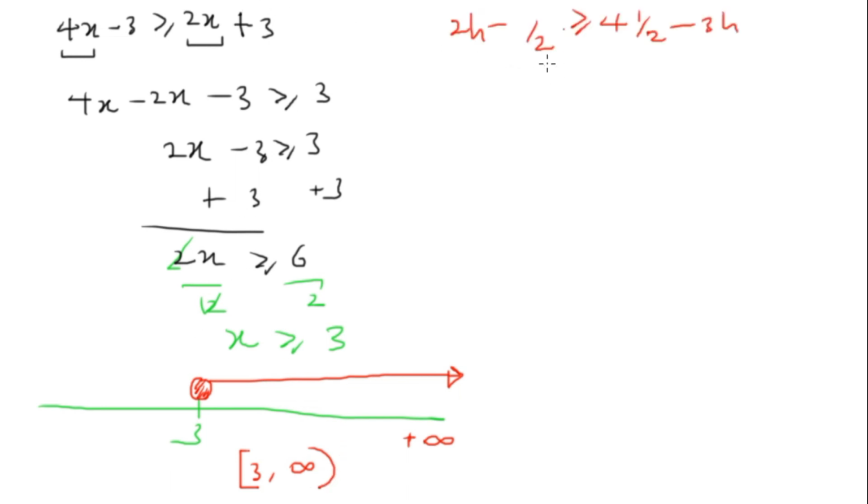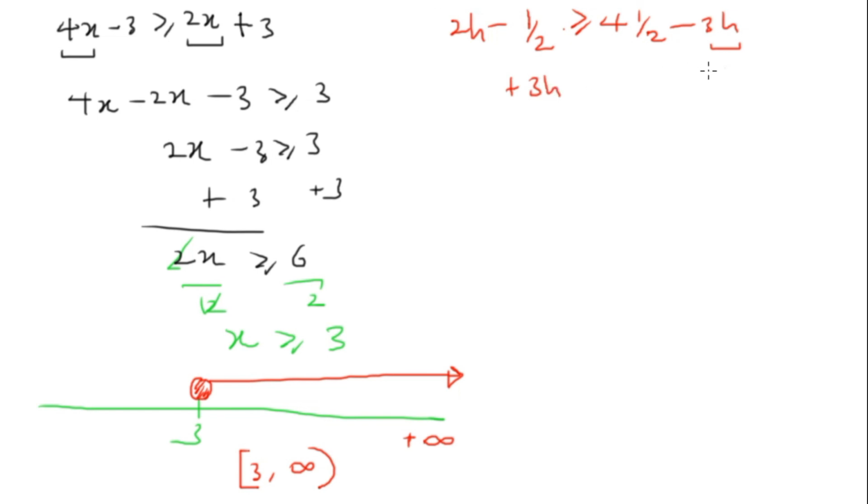Okay, so we have something of this nature. What do we do now? We should take 3h to this side, so that we can have h on one side. That means I'll be adding 3h to both sides.